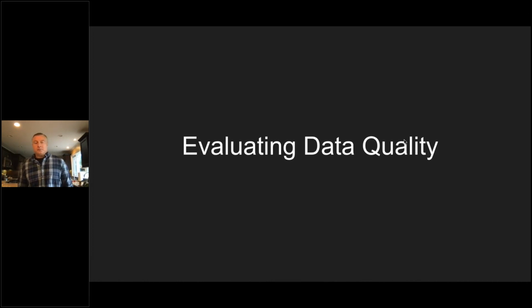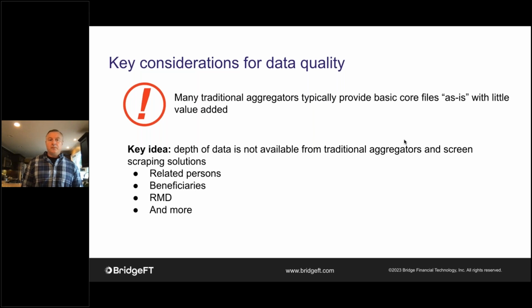So in the next section, if we can kind of go through some of your thoughts, Eric, around the evaluation of data quality. Right. So getting past those first set of pitfalls, as I just mentioned, just getting the data in-house, right? Now there's going through and looking at the quality of that data. Custodians will give you, again, if we just use positions as an example, you get positions from one custodian, you get positions from another custodian.